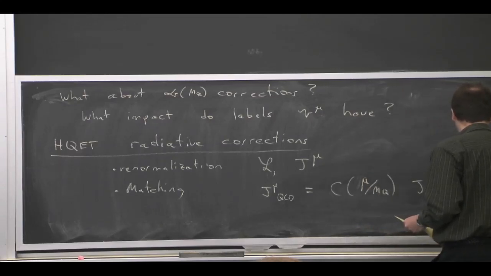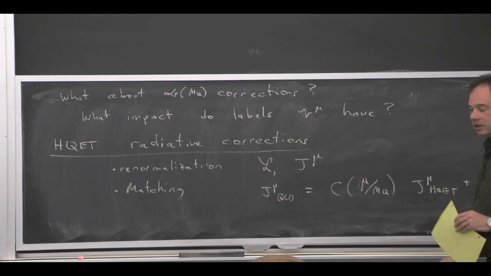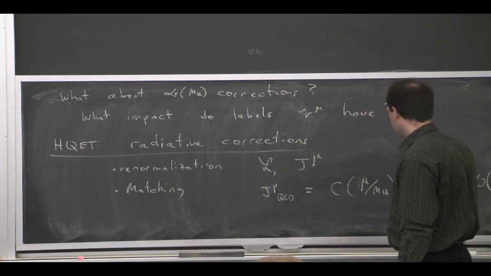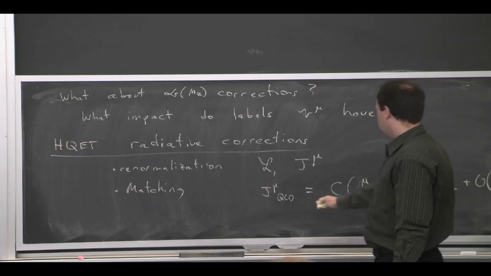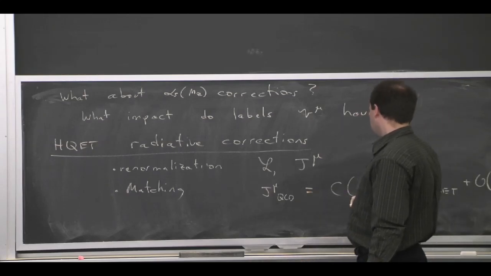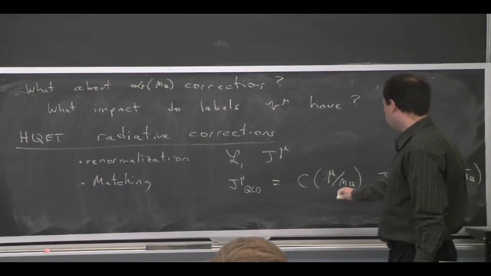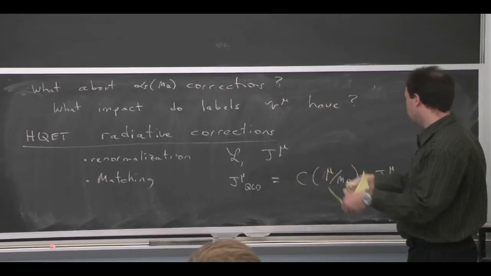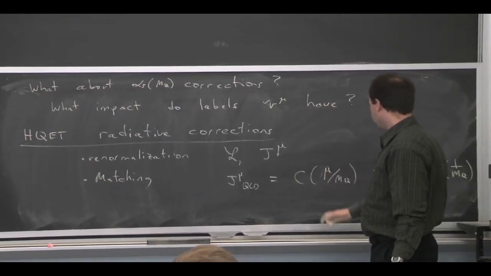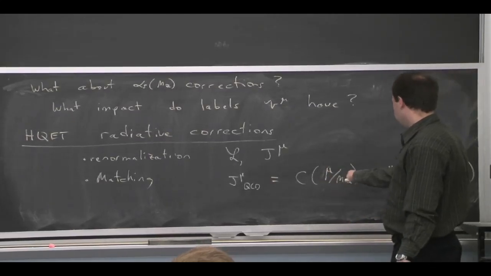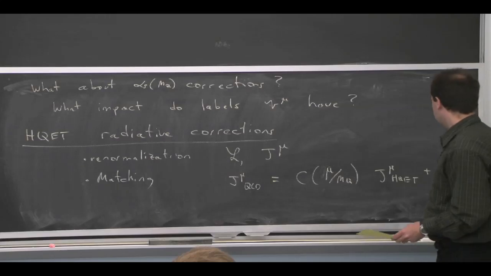So once we think about adding alpha S corrections to our story, there could be radiative corrections in Lagrangians. We'll talk about that. But there also are non-trivial radiative corrections here in the currents, where they get multiplied by something that depends on virtual interactions having to do with antiparticles that we're integrating out. That just affects these currents, the current relations, by multiplying them by some coefficients.